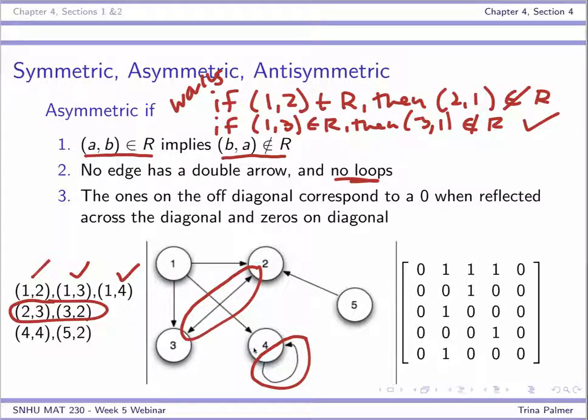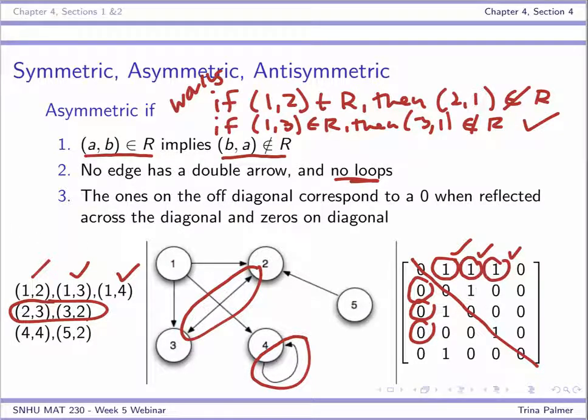And if you're looking at the matrix, the ones on the off diagonal have to correspond to a 0. So this one corresponds to a 0, good. They all have to. This one corresponds to a 0, good, and this one corresponds to that 0, good.